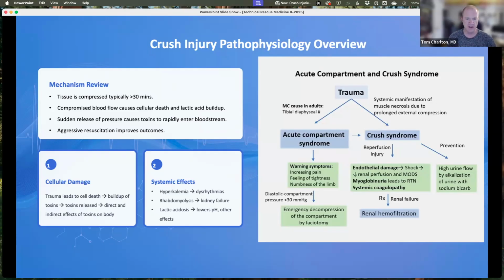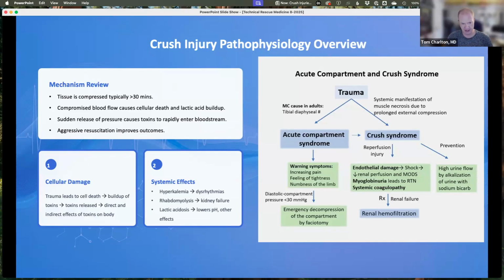It's a very big molecule, and unfortunately when it gets into your bloodstream directly, it will begin to essentially clog your kidney. Your kidneys will no longer be able to filter appropriately, and so you'll go into kidney failure.